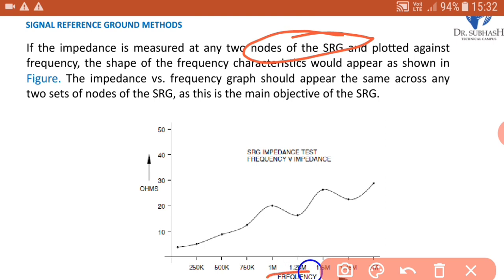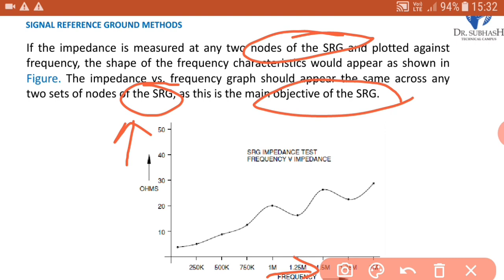Here we can see frequency here and ohms here. The impedance versus frequency graph should appear the same across any two sets of nodes of the signal reference ground, as this is the main objective of the signal reference ground. So this is a typical graph of impedance versus frequency.